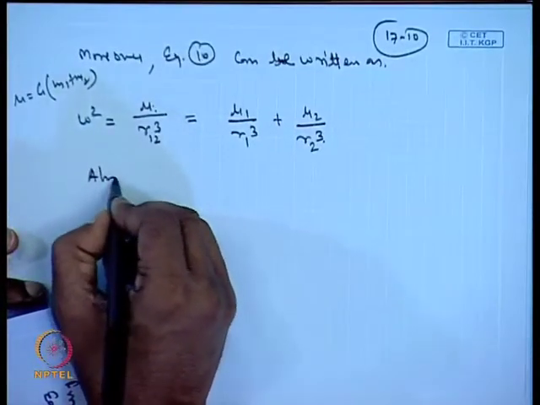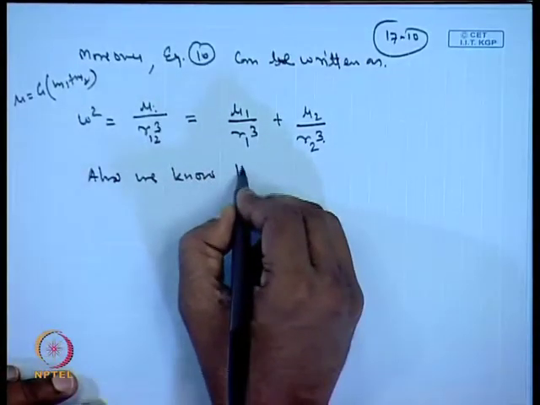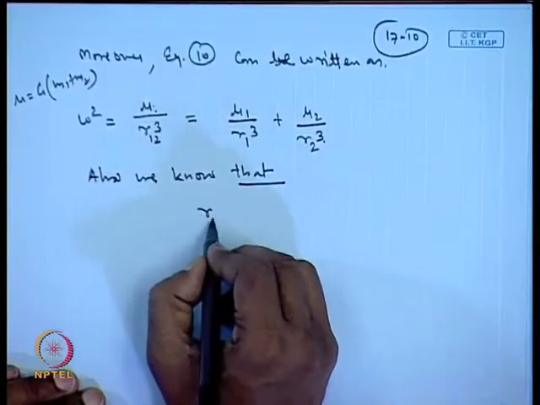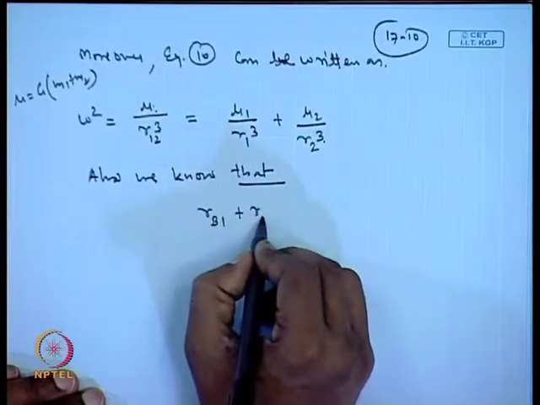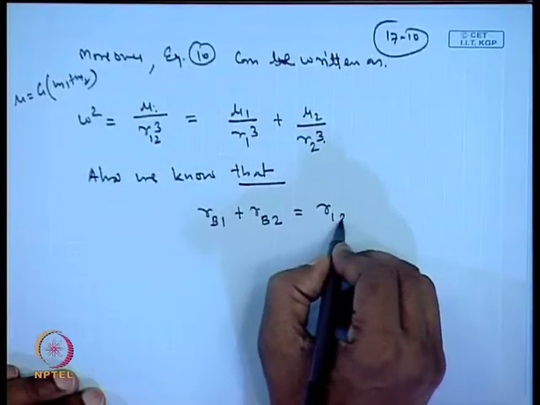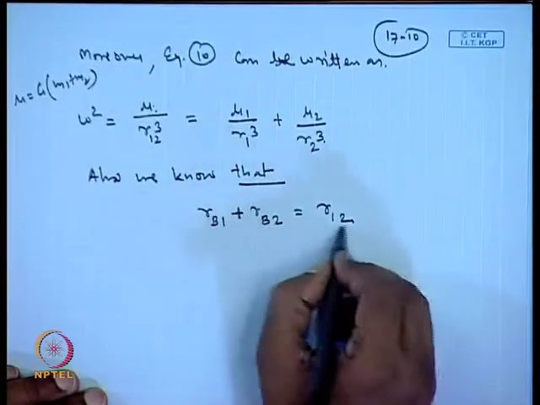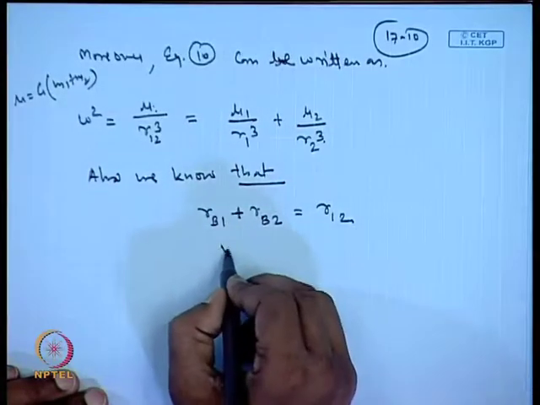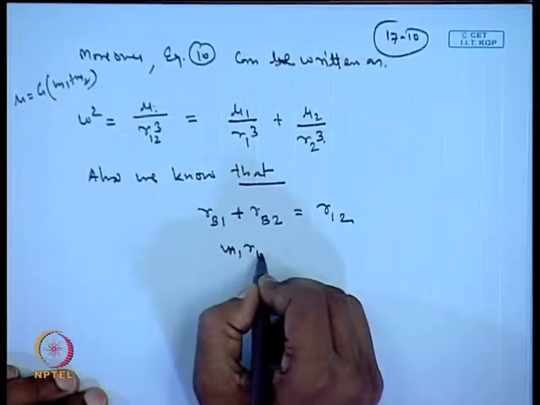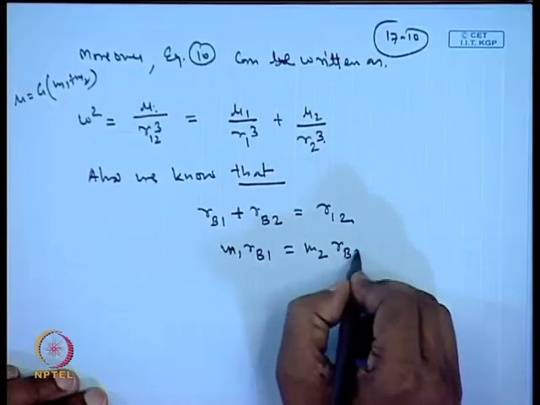Also we know that r b 1 plus r b 2 is equal to r 1 2, the total distance between the points 1 and 2, and moreover m 1 times r b 1 equals m 2 times r b 2.